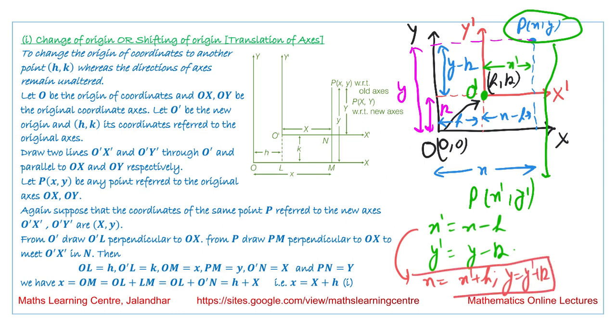If any locus or equation is given and we use this transformation, we get the equation in the new coordinate system whose origin is shifted to the point h, k.